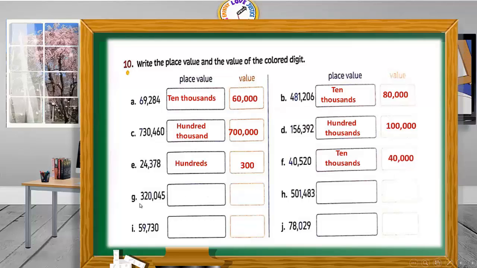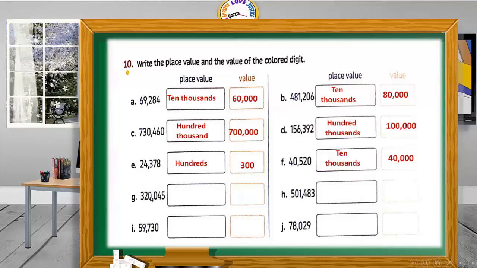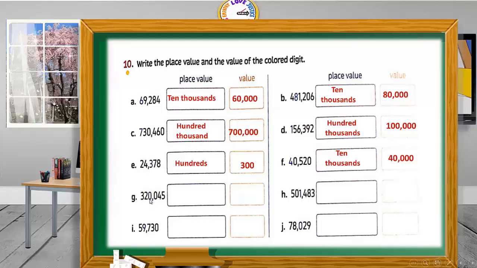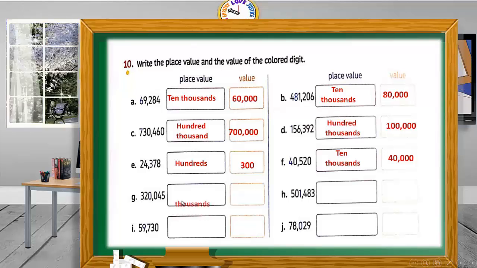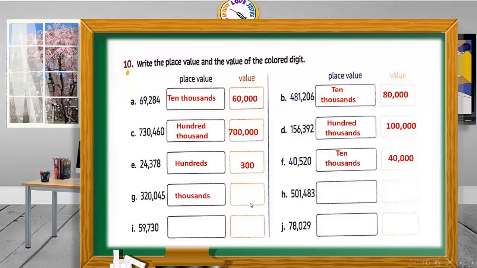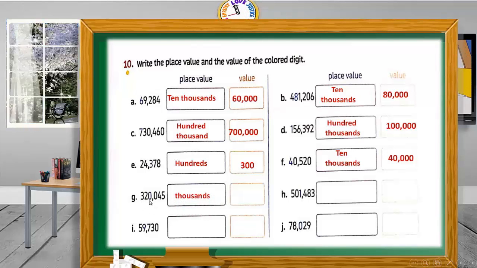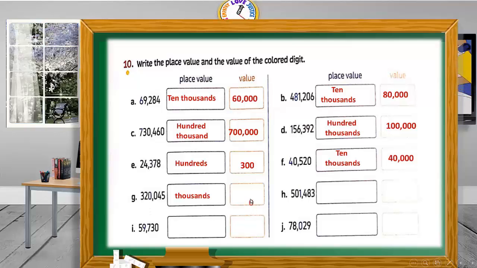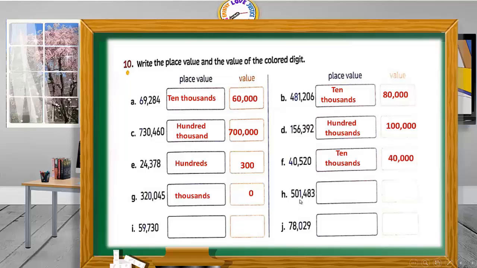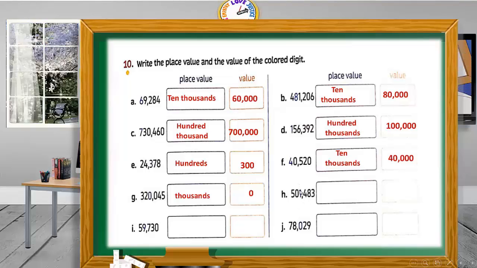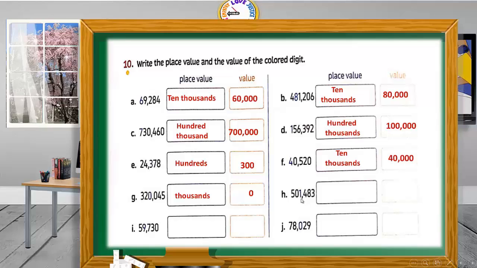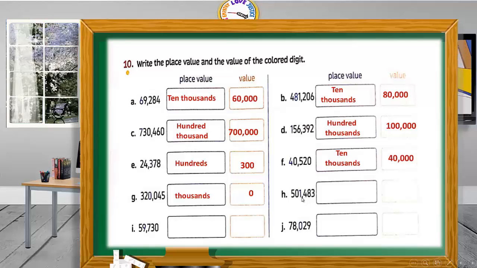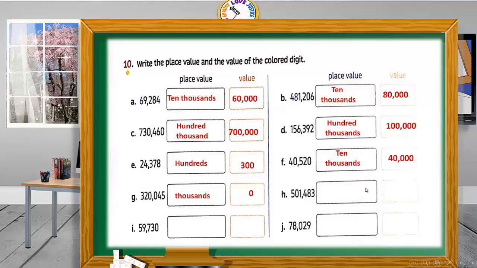Okay? Next one, 0. The colored digit is 0. Where is 0? In which place? In the thousands place. And what is the value? We don't have any value here. 0 is 0. So you write 0 in the value. And next one, we have the colored digit in the thousands place.